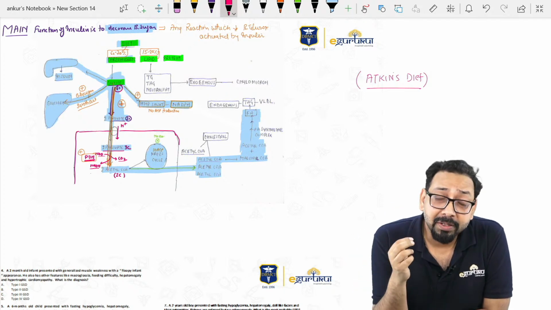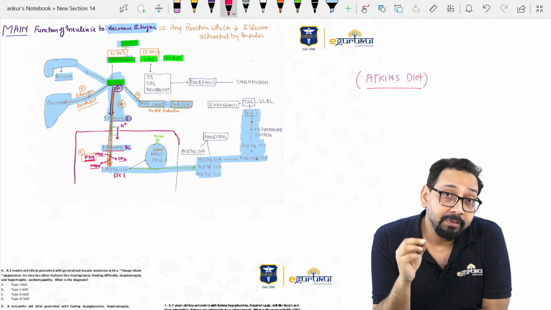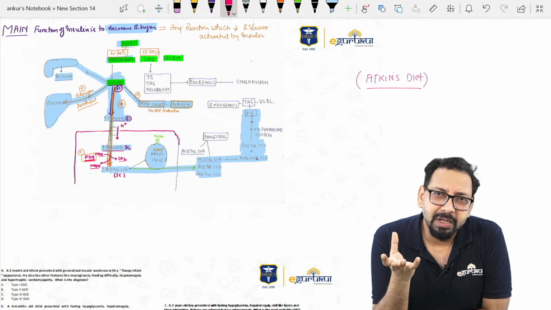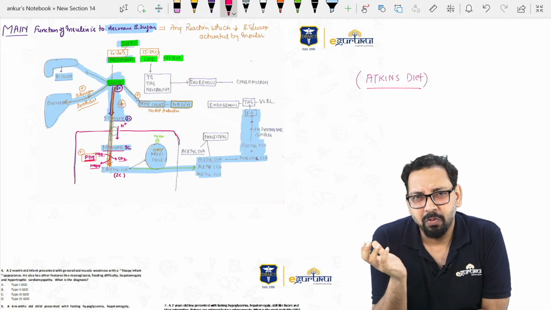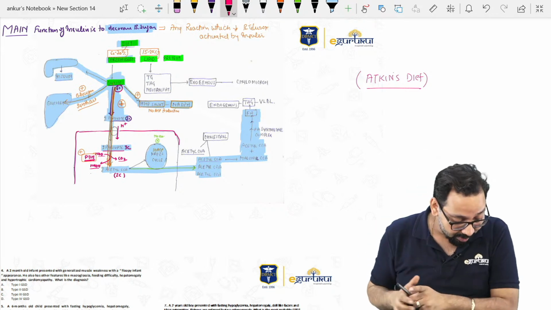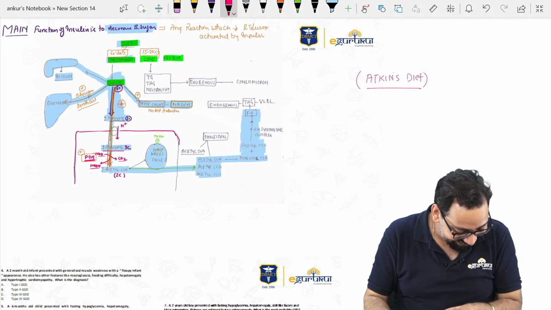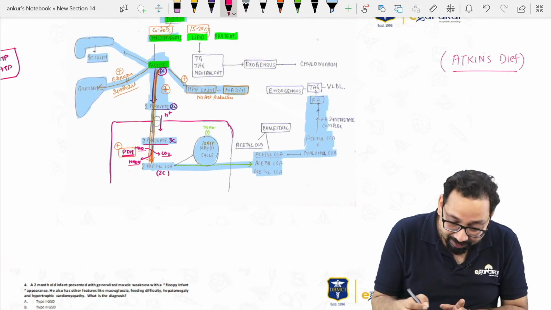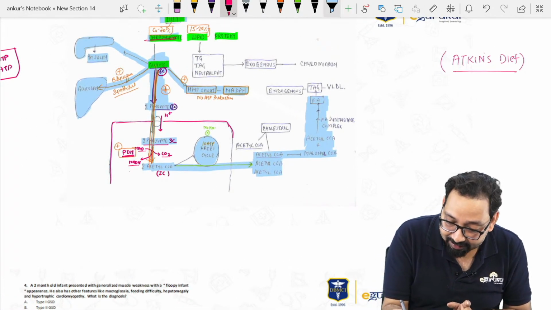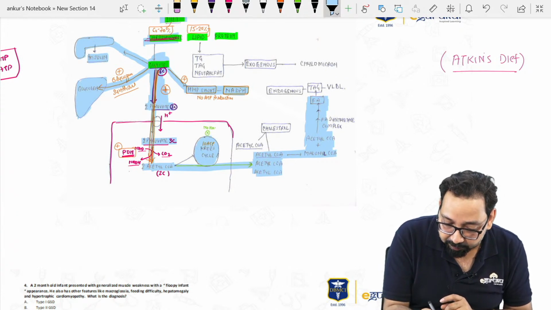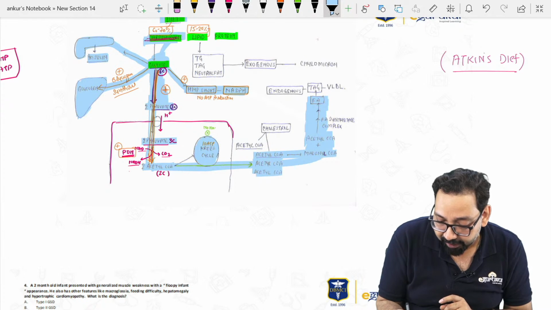So previously there was a concept that if we want to decrease weight, decrease fat in your diet. We decreased fat, but we are taking carbohydrate, and extra carbohydrate is converted to fat.